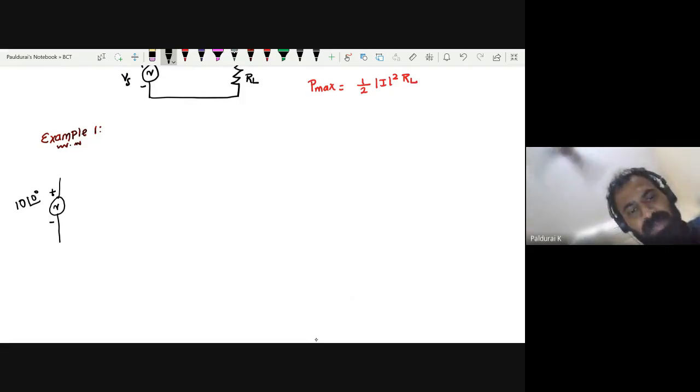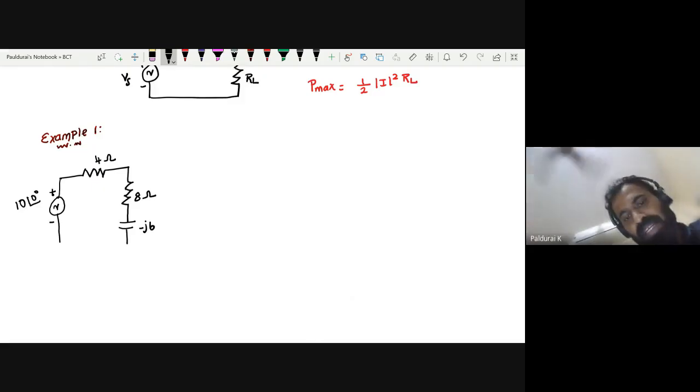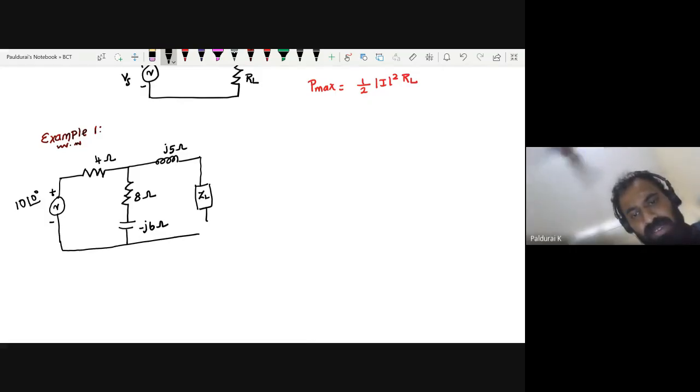After that I have one resistance of 4 ohm, and one more resistance in series with one capacitance: 8 ohm and reactance minus J6 ohm. Then I have one inductance J5 ohm. Here I have my ZL, the load impedance. So this is the circuit.